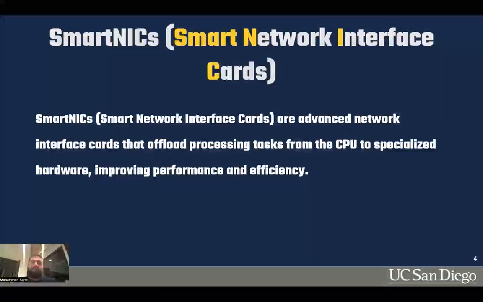Having those smart network interface cards on the edge allows us to define our own tasks and functions that these cards can carry out and offload not only from the CPU and the node itself, but also from the core of the network, from the switch to the edge, sort of adding an edge programmability.